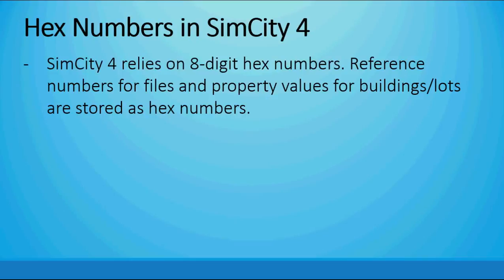And that's why SimCity 4 uses 8-digit hex numbers. It stores reference numbers for files, i.e. exemplar IDs, for those of you who know what that is. We'll cover those a little later in a future video. And property values for buildings and lots are stored as hex numbers, because they're more efficient and they transfer easily to binary code.